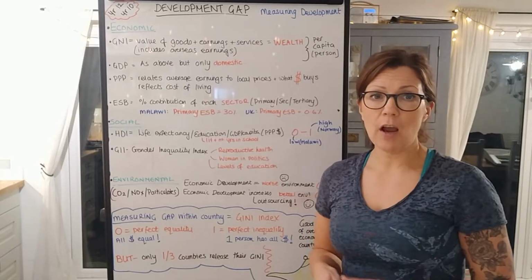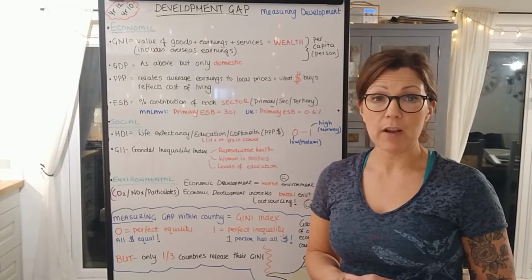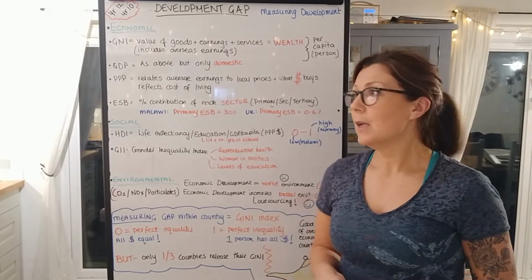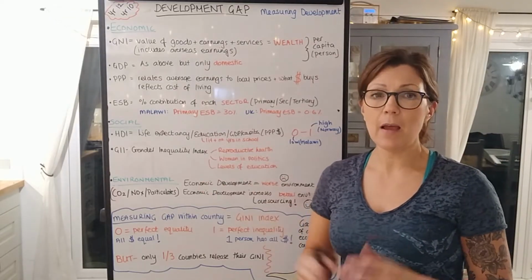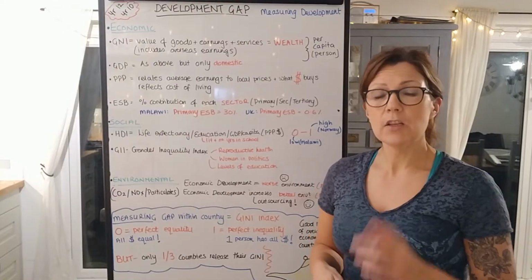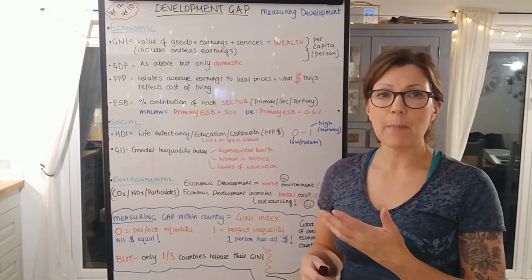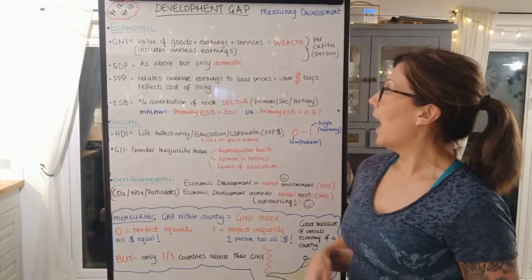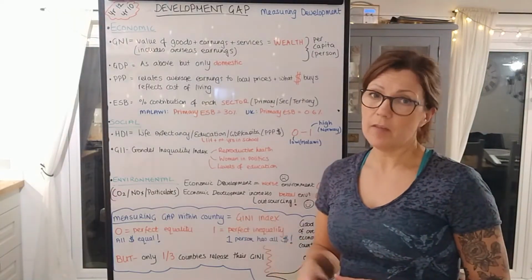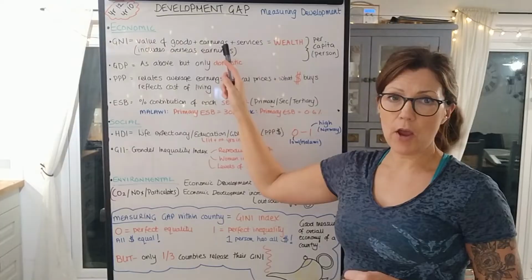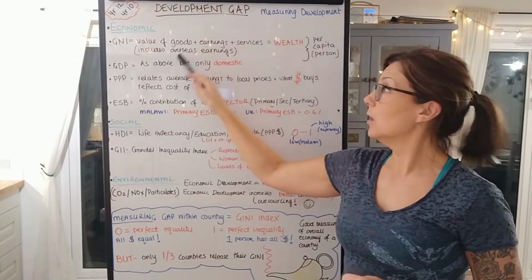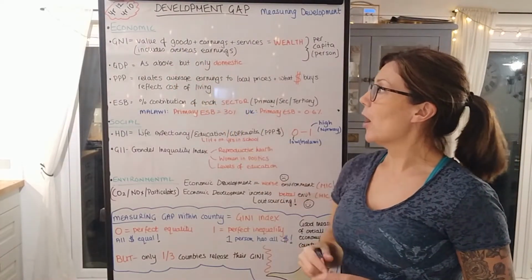Or you have somewhere like China, which has got a population of about 1.3 billion people and growing. And so if that wealth is divided by the number of people that live there, maybe the picture's not so great. So GNI per capita is how it's measured, and it gives us an indication of the wealth of the country. That includes overseas earnings. So GNI, Gross National Income, includes overseas earnings.